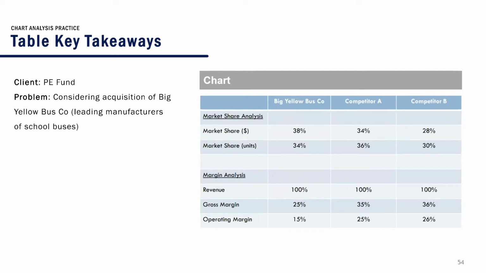Actually, in terms of units, our market share is lower compared to our market share per dollars, meaning the initial assumption is that the price that this Big Yellow Bus is selling is higher compared to the other competitor. So that's an interesting note. The other is that in terms of the margin, apparently we have the lowest one compared to our competitors, right?